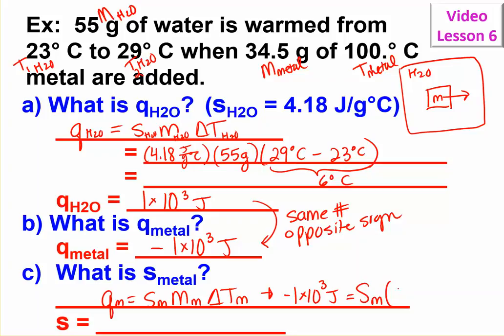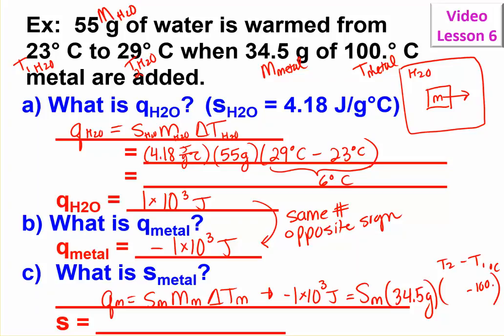The mass of the metal was given in the problem statement. I need the delta T for the metal. And I was given a T1 for the metal. Running out of room to see.